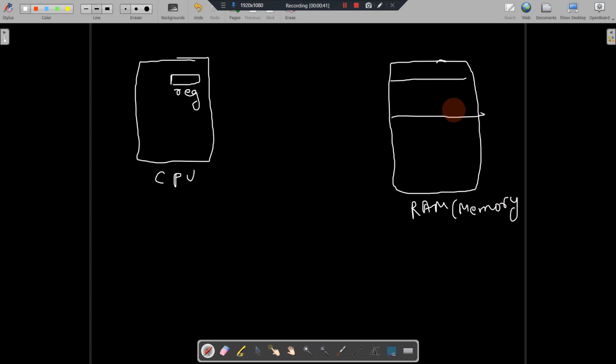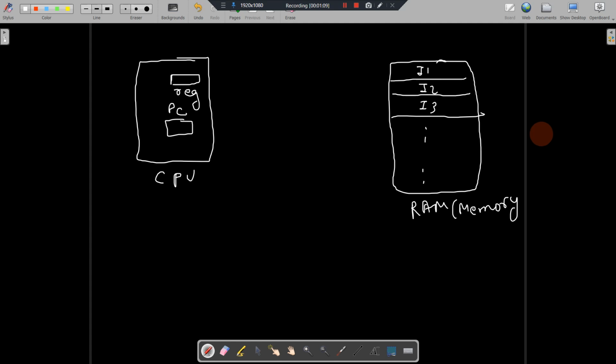These are our instructions I1, I2, I3, and so on. The CPU has a program counter register, and the address of the next instruction to be executed is written inside this program counter.